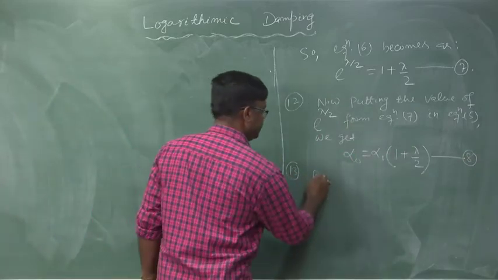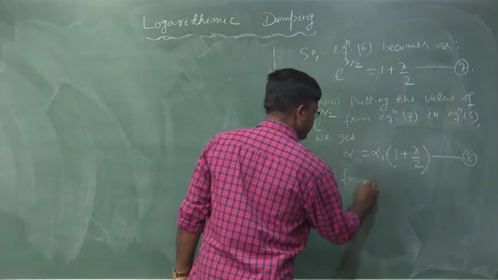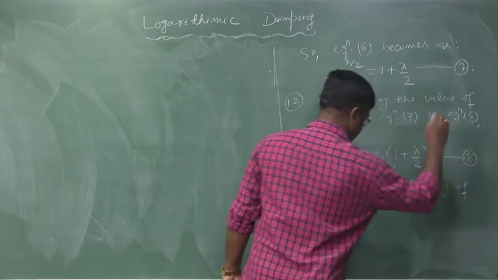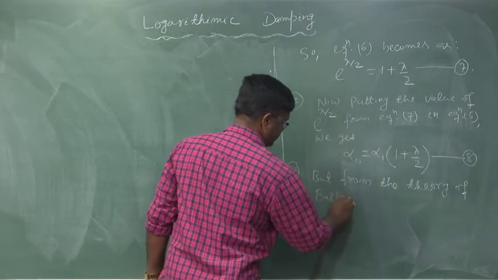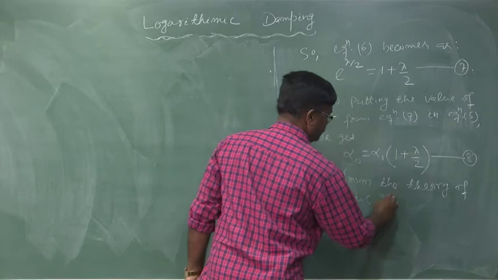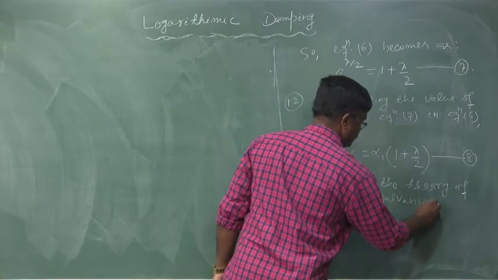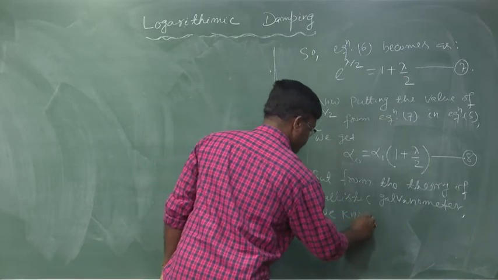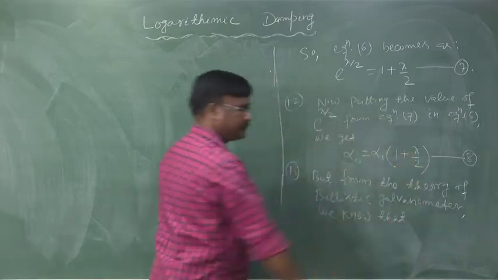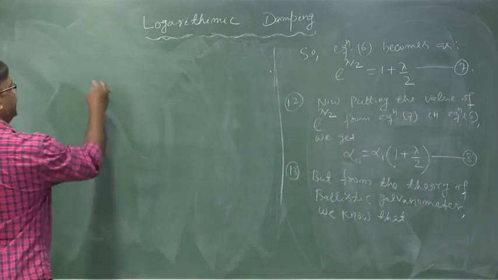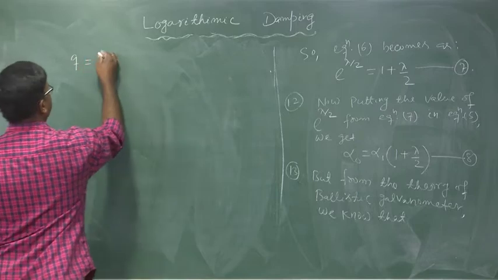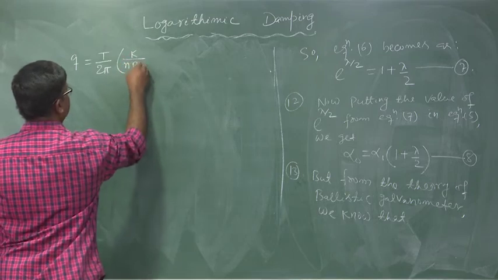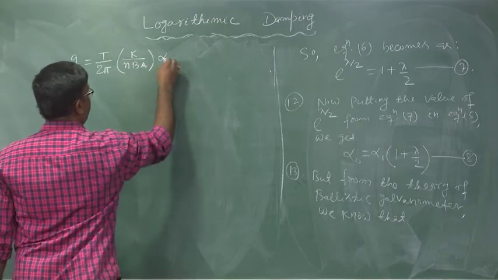But from the theory of ballistic galvanometer, we know that Q equal to T by 2 pi into K by NBA into alpha.